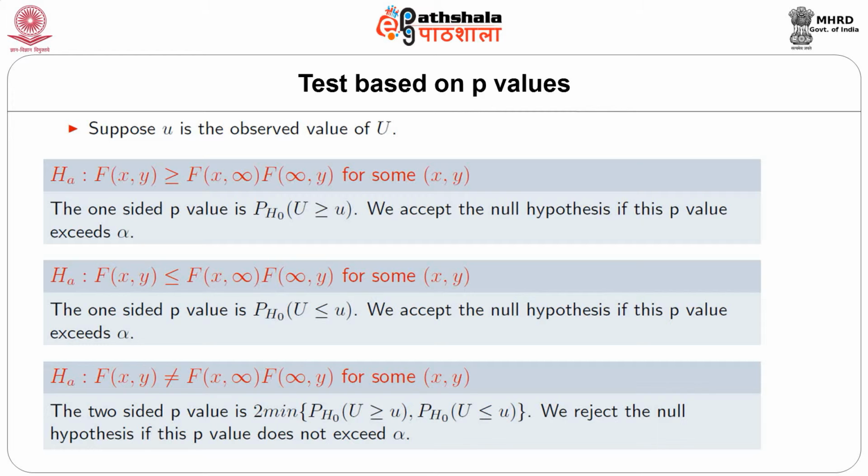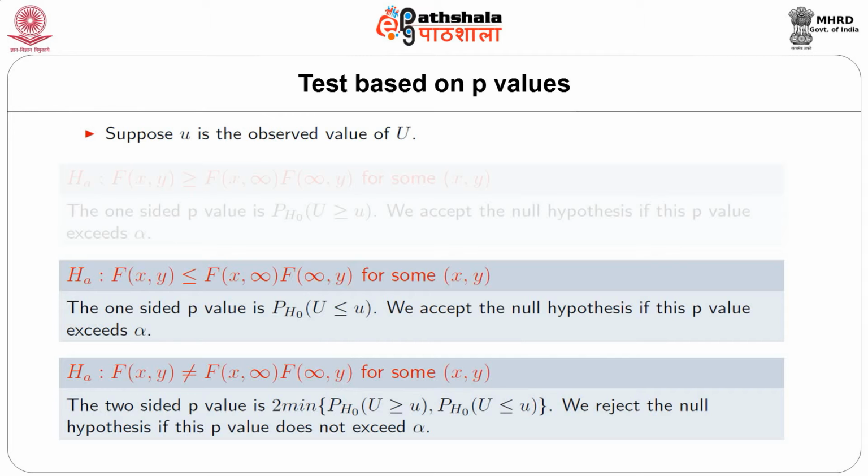Again, if our alternative is F(x, y) less than or equal to F(x, infinity) multiplied by F(infinity, y) for some x, y, then the one-sided p-value is the probability of capital U less than or equal to small u evaluated under the null hypothesis, and we accept the null hypothesis if this p-value exceeds alpha.